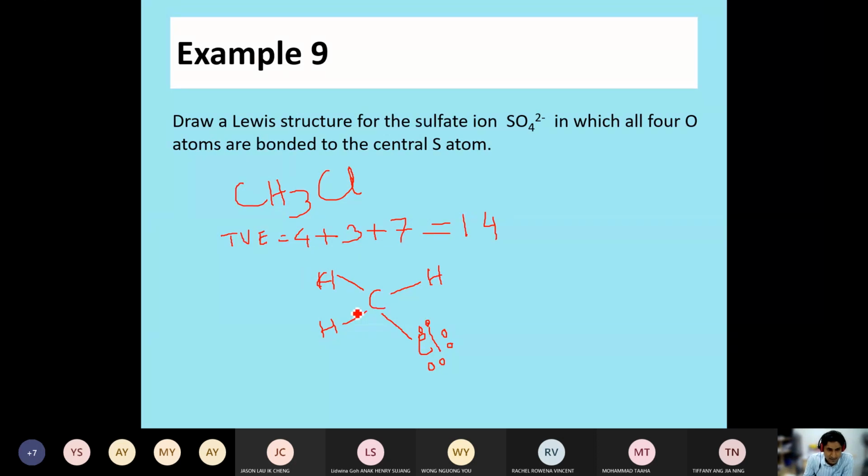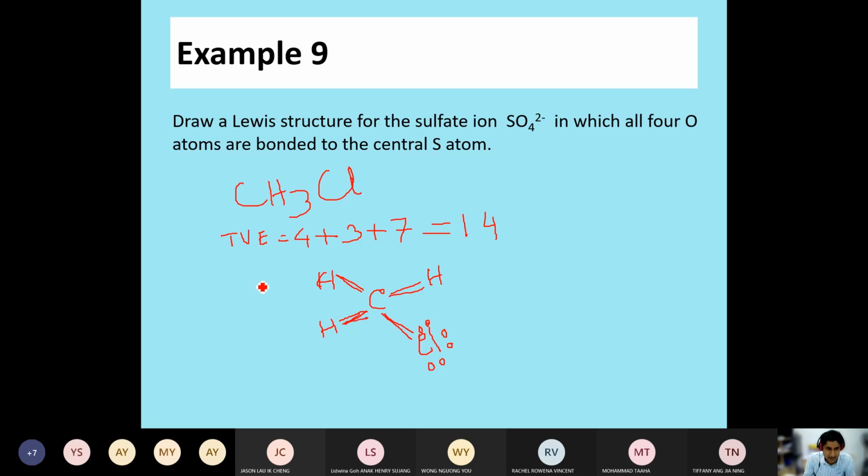So only chlorine will have 8 electrons, hydrogen only will have 2 electrons, because 2 is the maximum electrons it can take. It has only 1 s orbital, but carbon can have 8 electrons, and it is already having 8 electrons.